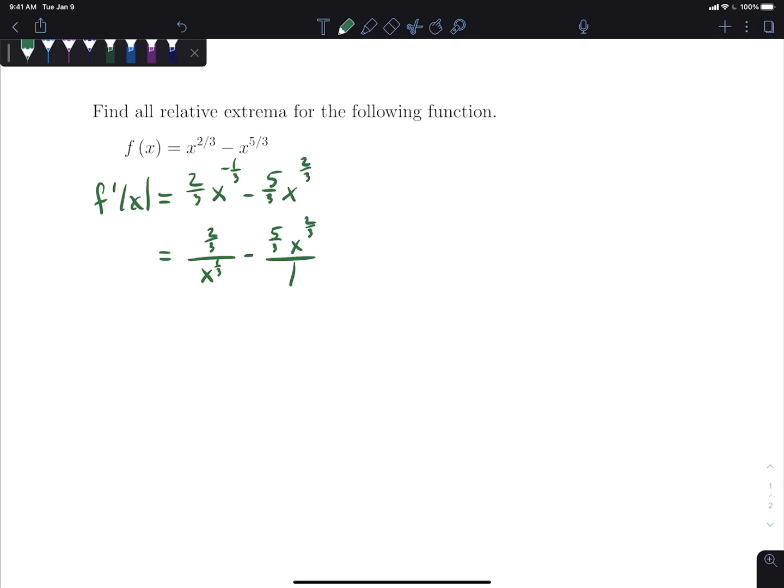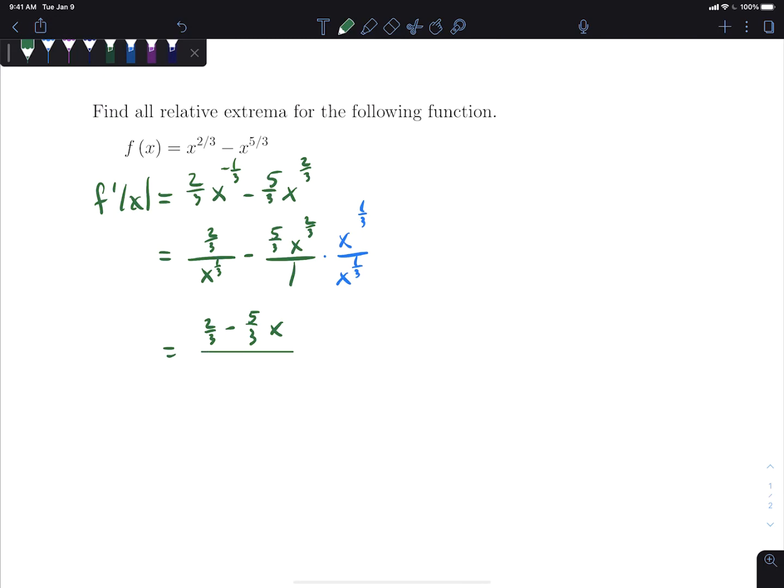If I want a common denominator, I'm going to multiply the second one by x to the 1/3 in both the numerator and denominator. So this is going to give me 2/3 and then minus 5/3 x to the 2/3 plus 1/3 is 3/3, and 3/3 is just 1.